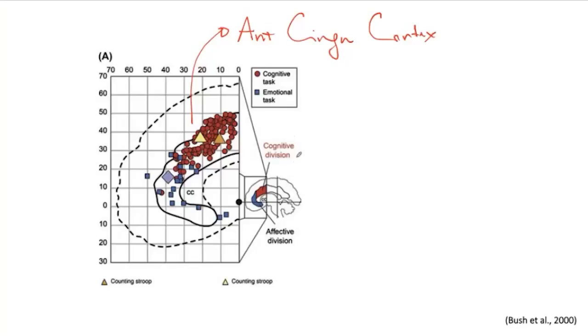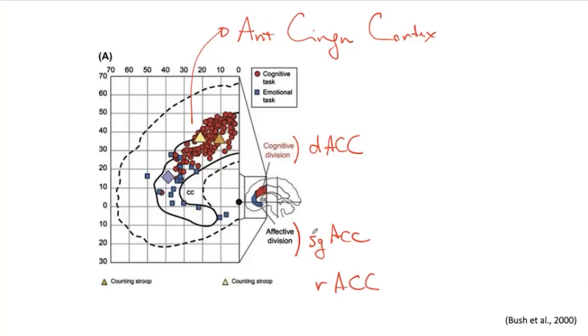What is important about the ACC, which is going to be really important for other parts of the PFC as well, and I will get to that point through the session today, is that the ACC is divided into cognitive and affective divisions. The dorsal ACC is involved in the cognitive side, and the affective side is related to what we call the subgenual ACC, or rostral ACC.